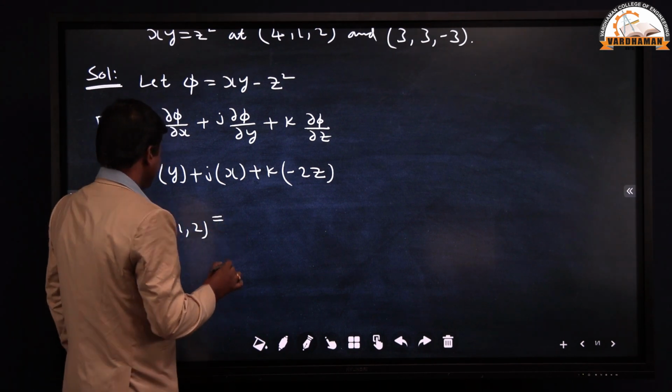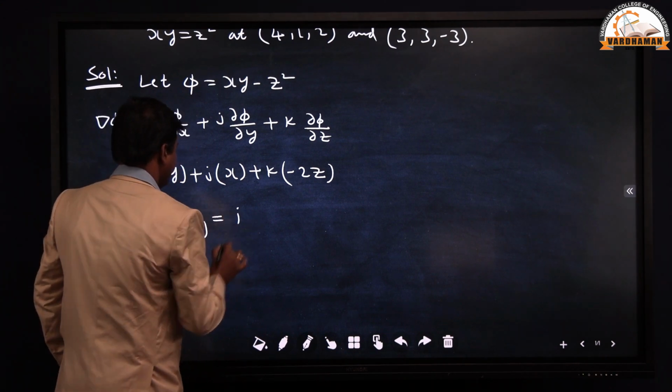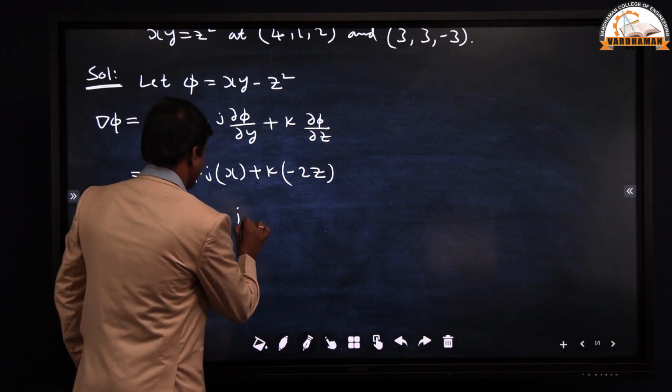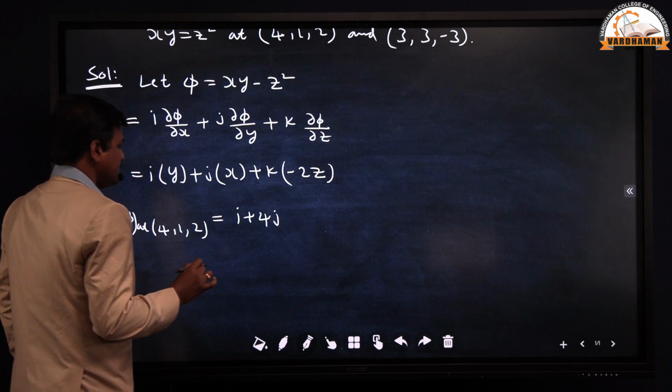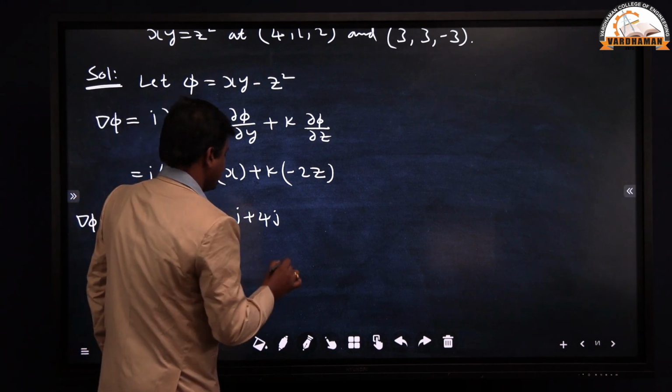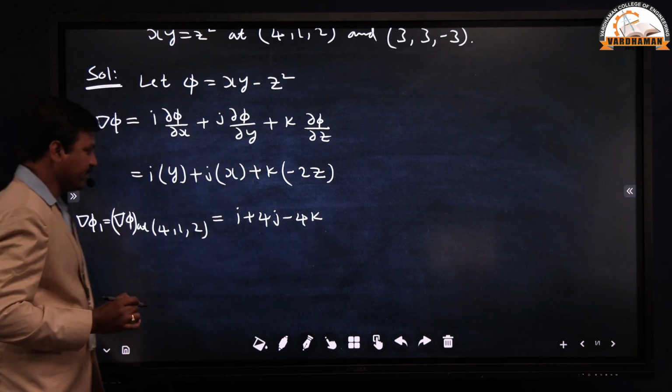This equal to y is 1 into i, x is 4 j plus z is 2. 2 into minus 2 minus 4k.